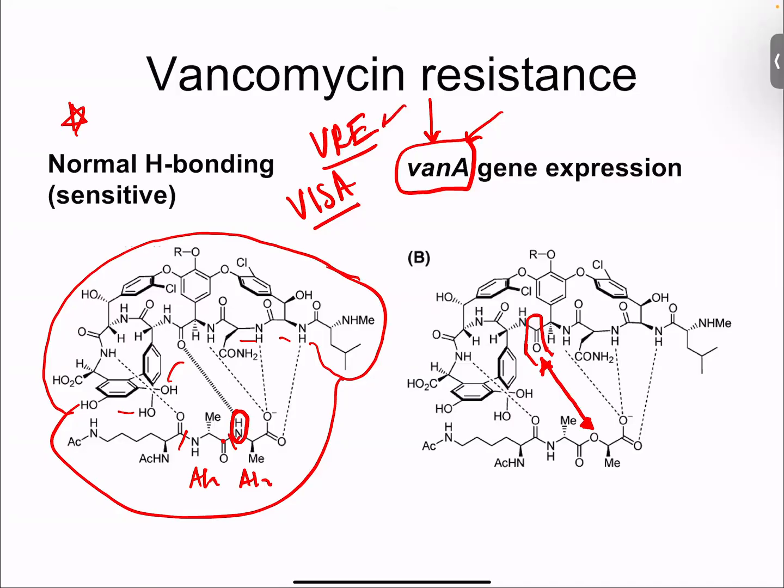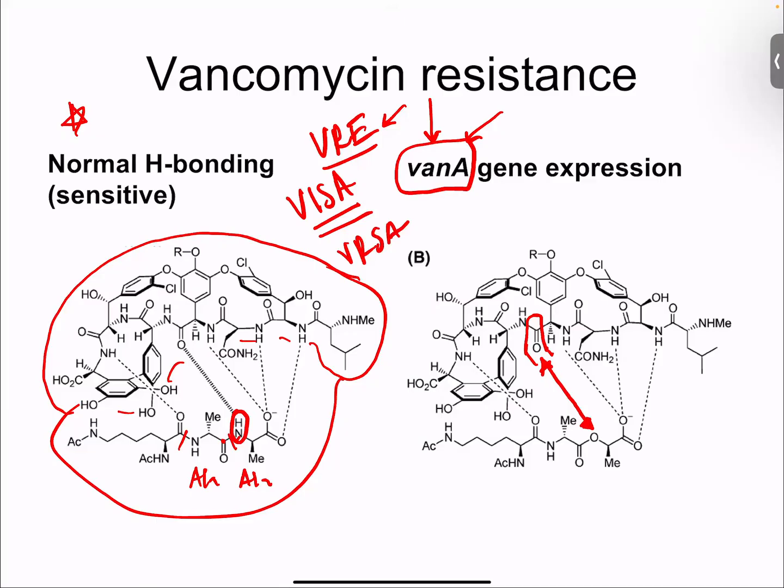In certain strains of Enterococci, Enterococcus faecium in particular, have this gene, and it's very difficult to treat. VISA, vancomycin intermediate susceptible Staph aureus. And worse yet, have you come across any vancomycin resistant Staph aureus? Have you come across that yet?